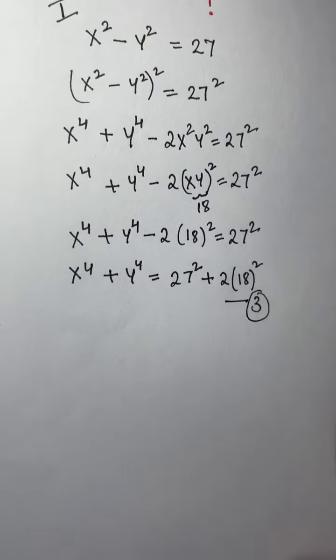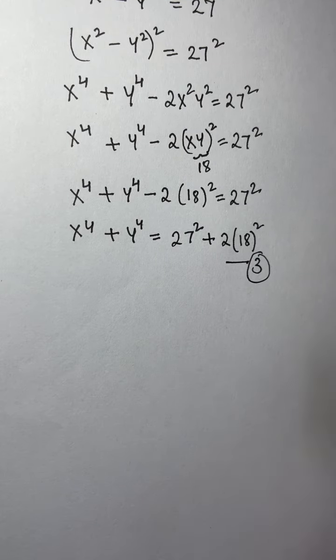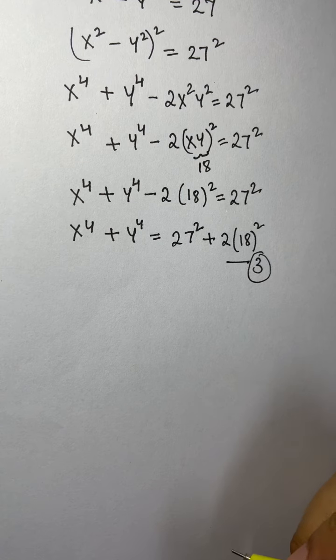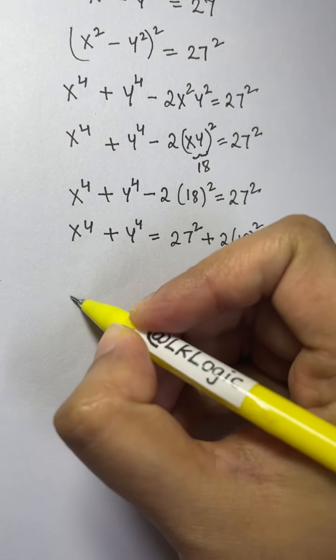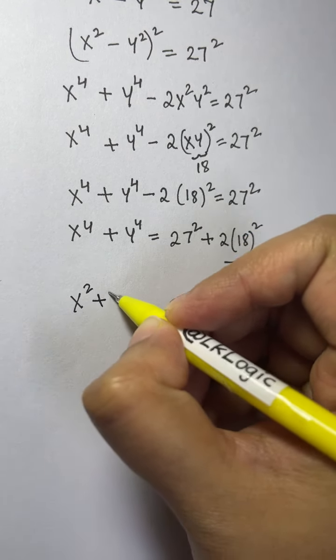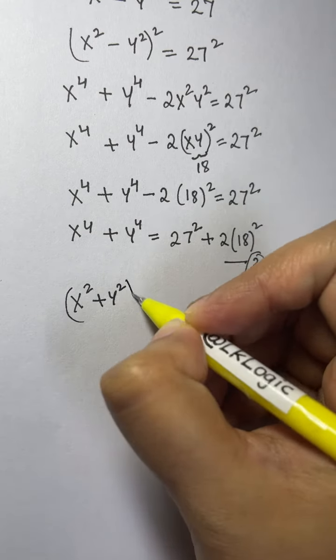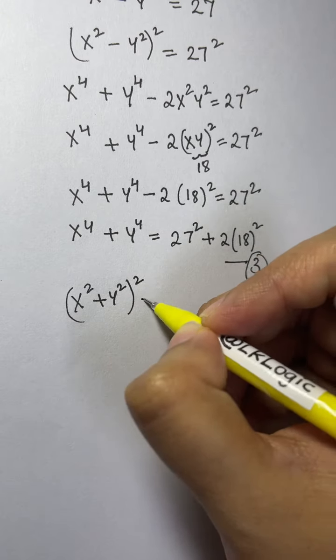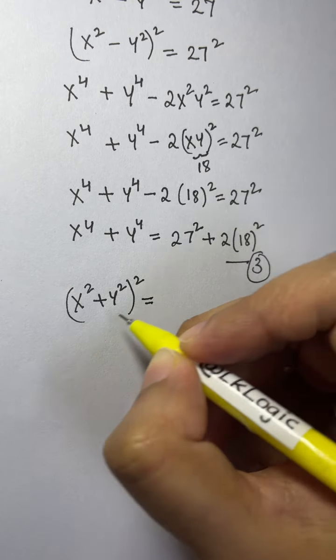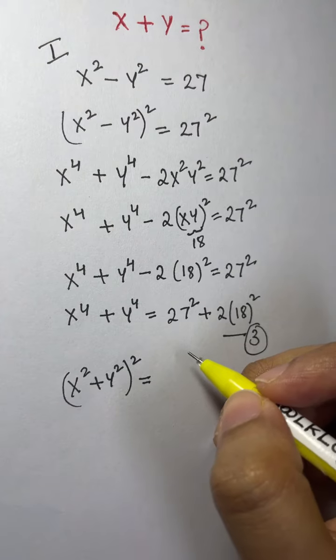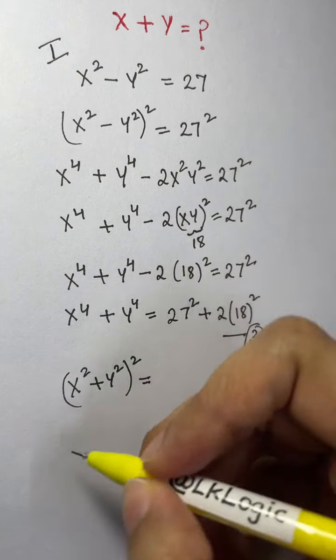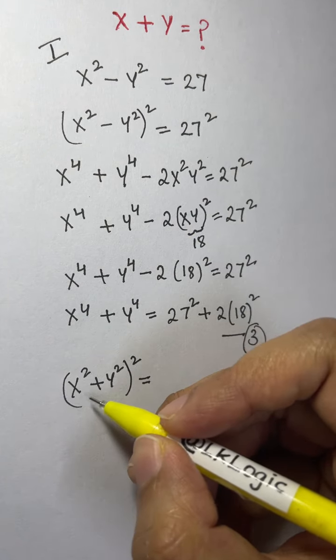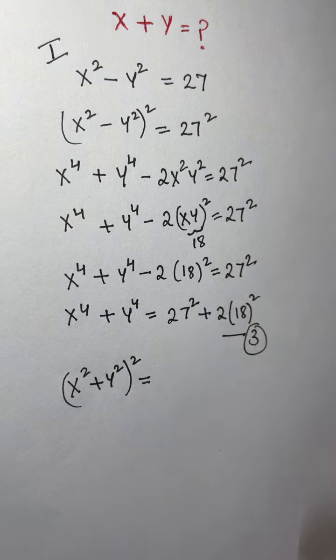Okay, now what we are going to do next is, we have written x square plus y square the whole square. What was that? a square plus b square. Here we took minus 2ab, right? Now I'm going to take x square plus y square plus 2ab.